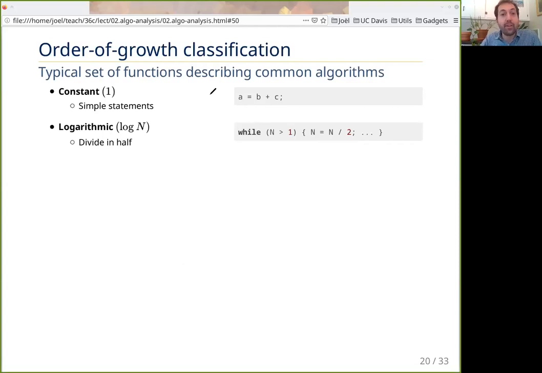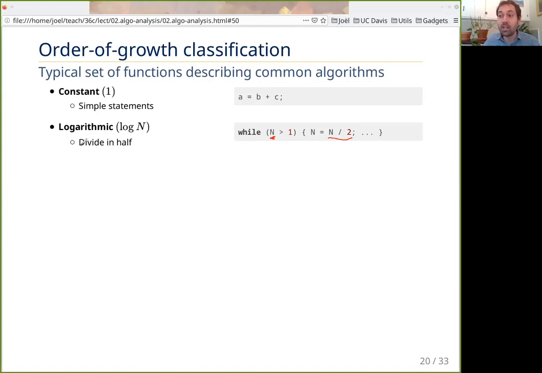Now we have logarithmic. That would mean that you have a collection of n items, and you go through those n items with a few iterations. At every iteration, the number of items that you are considering is divided by 2 up until you reach the end.